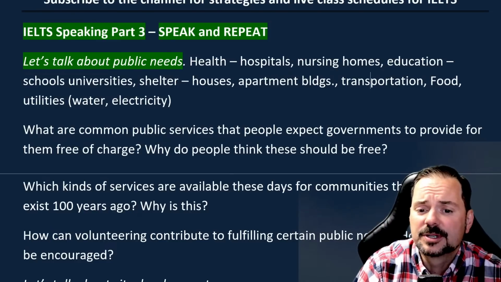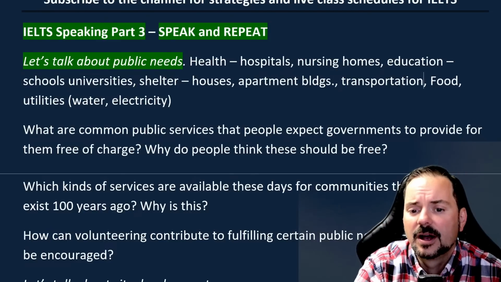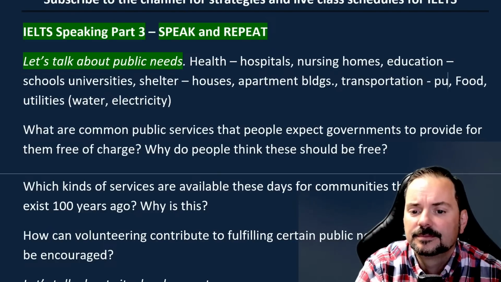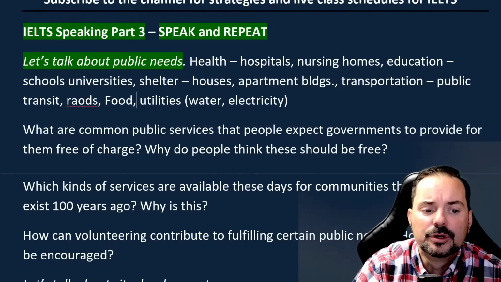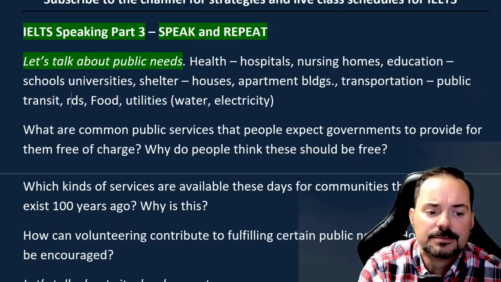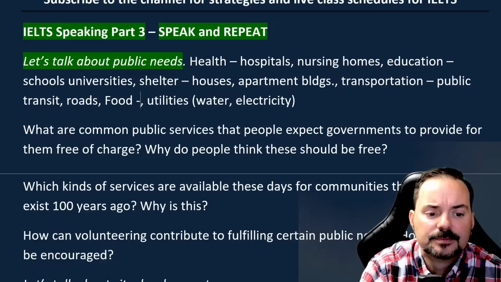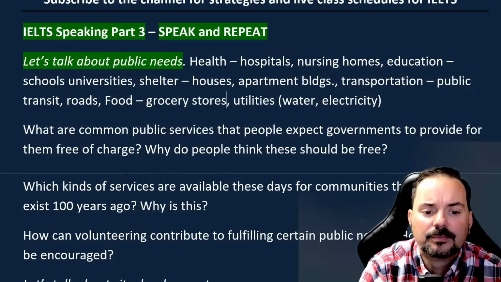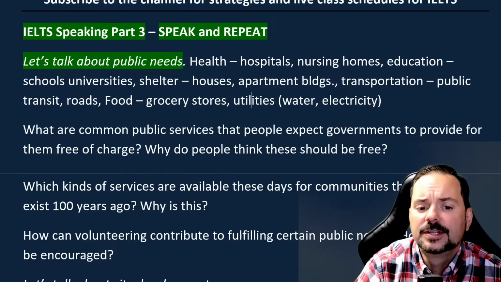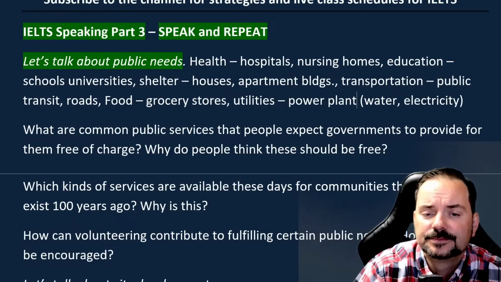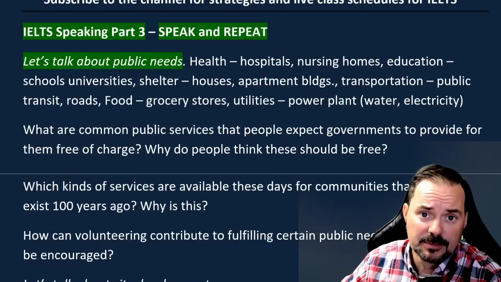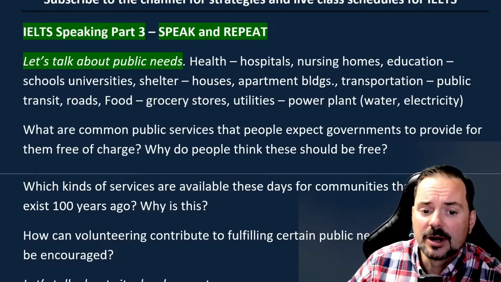When you think of transportation, you think of public transit, roads, right? Food, you think about grocery stores. Utilities, you might think about a power plant. Okay, power plant is the place where they generate power or electricity.